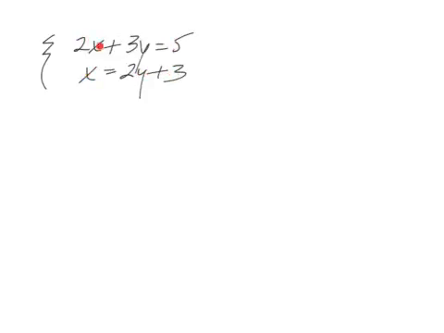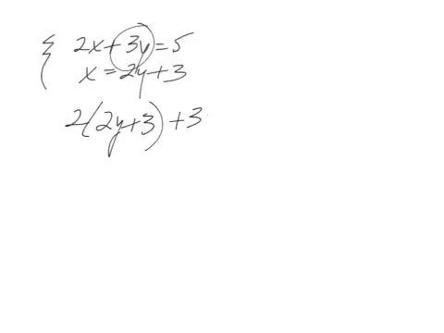So when we look at this first equation, wherever we see an x, we can substitute 2y plus 3 in because it equals x. So when we put 2y plus 3 in here, now we have 2 times 2y plus 3, and then we continue on with the problem. Now what do we have?